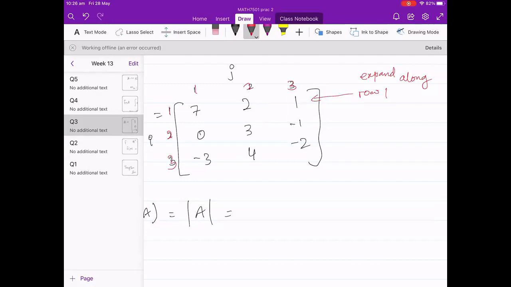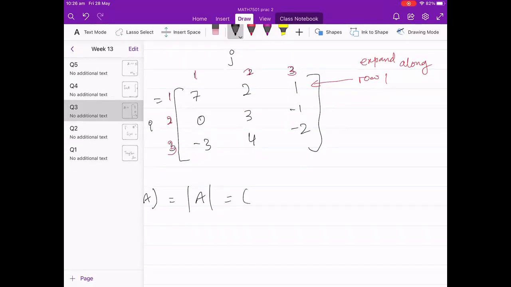So if I use the first row, the first cofactor is -1 to the power row 1 plus column 1.